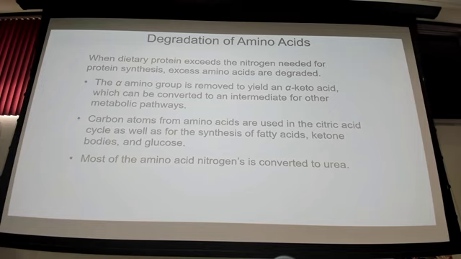Typically, if it's 5 carbons long, that will be alpha ketoglutarate. Those carbon skeletons are used as intermediates of the pathways that we've talked about in this block. The excess ammonia, or the excess amino group, is converted to urea and excreted by our kidneys. All right, any questions about that?